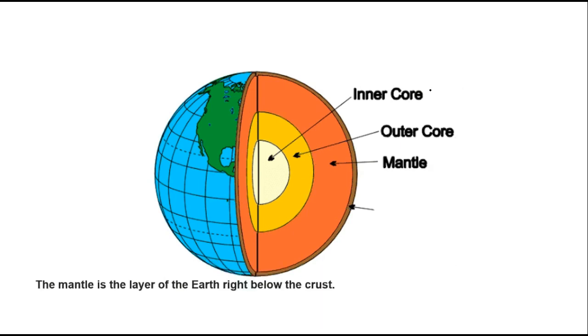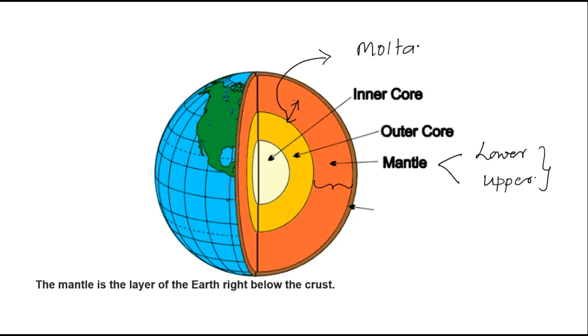Now the next one is mantle. So this portion is mantle. Again, a mantle can be divided into lower mantle and upper mantle, okay, just for our reference. If you go to the lower mantle, let us say from here to here, the lower mantle is molten. What does it mean?